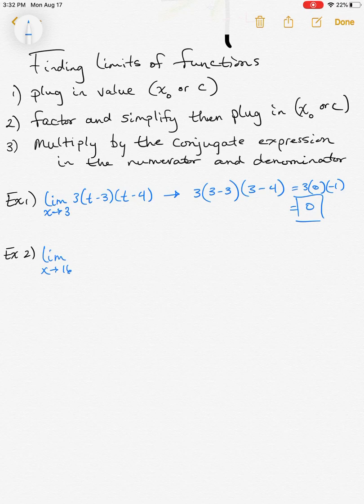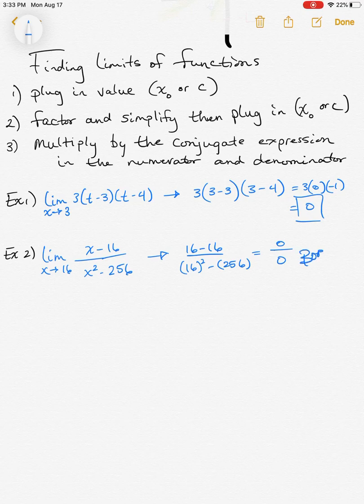I'll use 16. x minus 16 over x squared minus 256. First thing we're going to do, we're going to plug in and see if we get something that is finite. So we're plugging in, we have 16 minus 16 over 16 squared minus 256. This is 0 over 0.